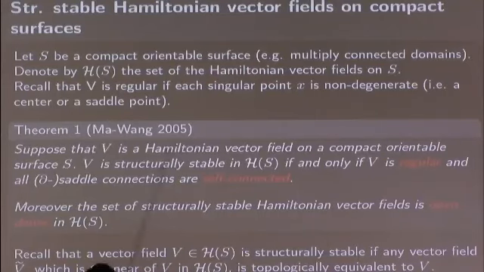And so I recall some mathematical facts. Let S be a compact oriented surface, for example a multiply connected domain, and denote by H(S) the set of Hamiltonian vector fields on S. Recall, a vector field is regular if each singular point is non-degenerate.